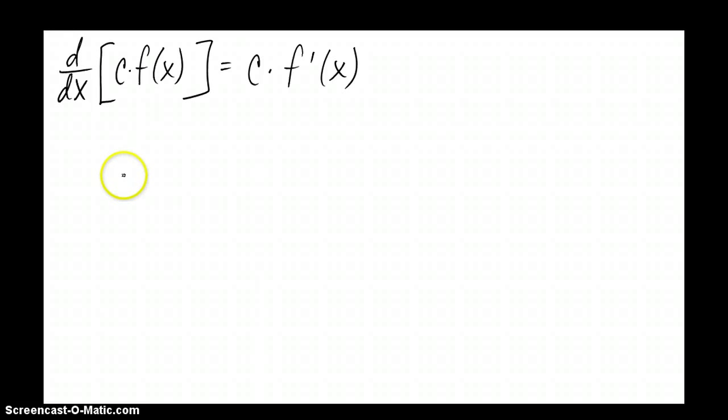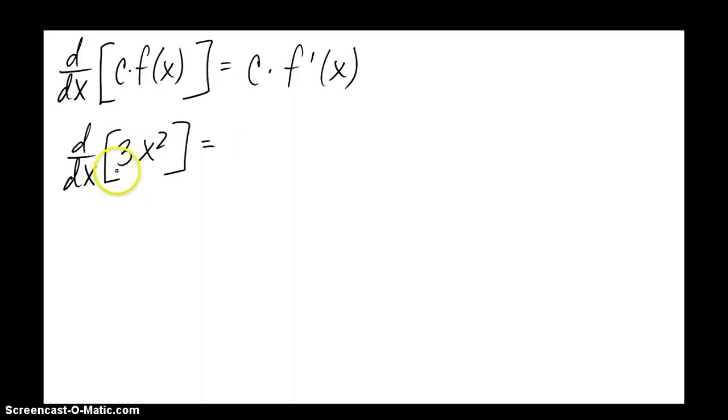So if I ask you for the derivative with respect to x of 3x squared, 3 is my coefficient, so that's just going to be multiplied by the derivative of x squared. Now using the power rule, bring the exponent down, subtract 1 from the original exponent, so the derivative would be 6x.